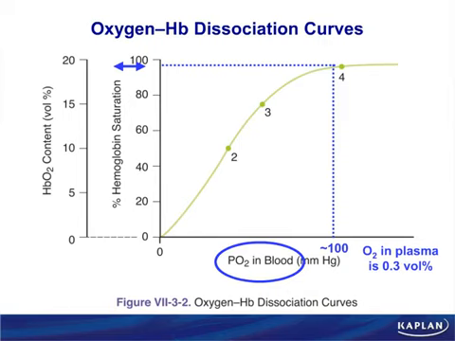Again, oxygen content's the total amount. My truck's pretty full. Technically, there are 4 little binding sites on my truck, and that's what the 2, 3, and the 4 represent. The 1 is left off just for clarity. So at a high PO2, all the binding sites, i.e. my truck, is pretty darn full.